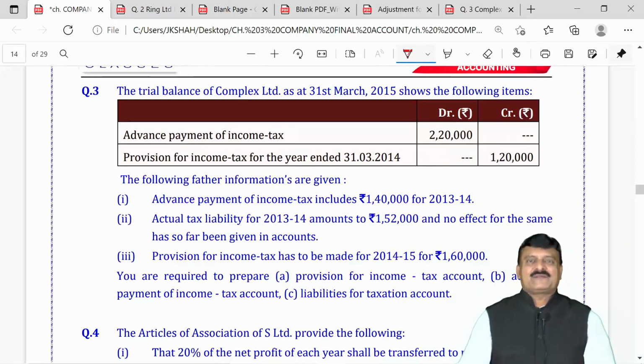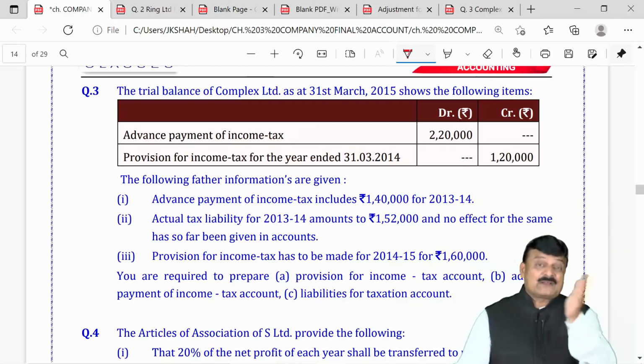A question can be asked, because question number 3 of our textbook is on that point, where you have to understand journal entries, and on the basis of journal entries you have to prepare three ledger accounts: advance tax account, provision for taxation account, and liability for taxation. Liability for taxation is also called gross demand of taxation. Both mean the same. Don't forget, advance tax and provision for taxation are both personal accounts.